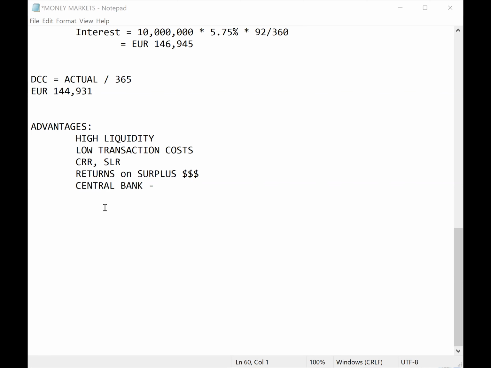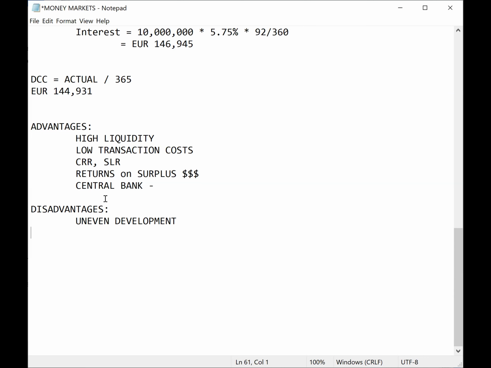Okay, what are the disadvantages, guys? First of all, it is very uneven development. Now, what do we mean by uneven development is, in every city, this market will not be active.